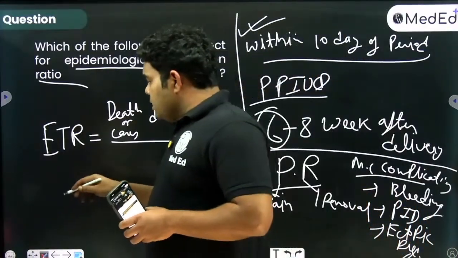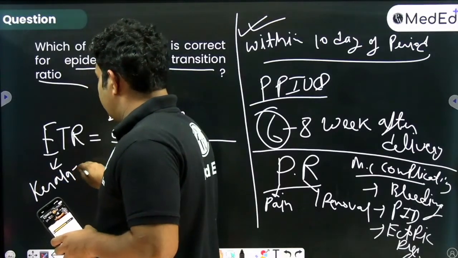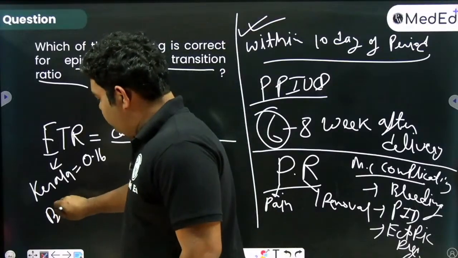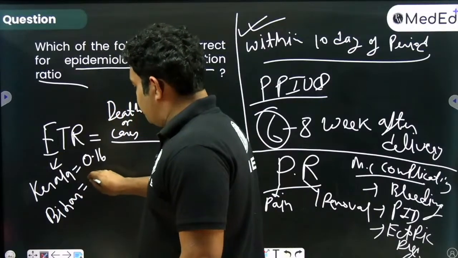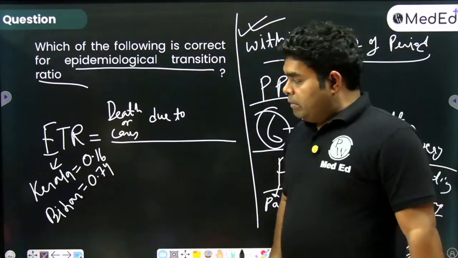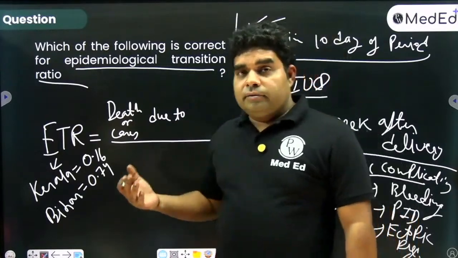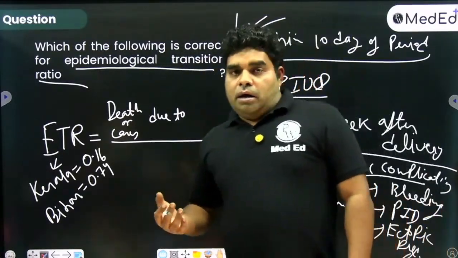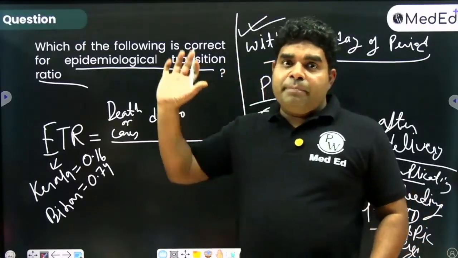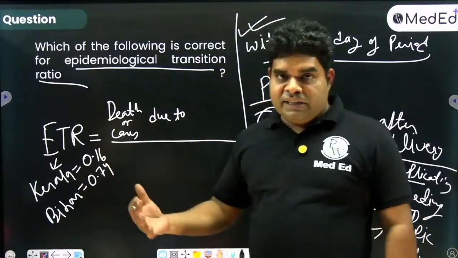So in the epidemiological transition ratio, Kerala has a ratio of 0.16 and Bihar has a ratio of 0.74. That means, of course, I hope you all know Kerala has India's best health system. Therefore, due to good health system, diabetes, hypertension are more than infectious disease.